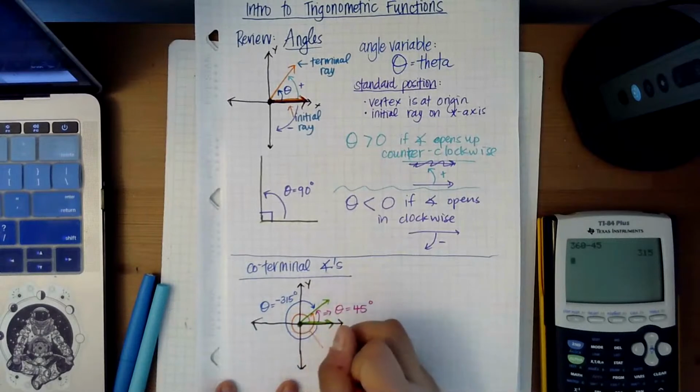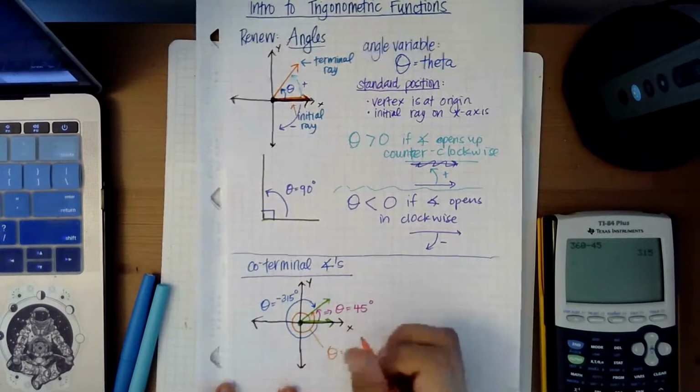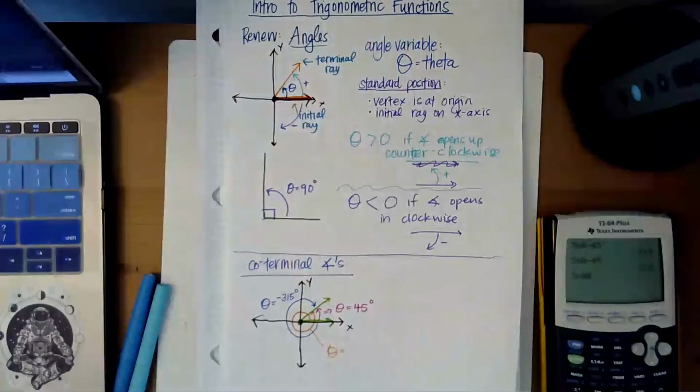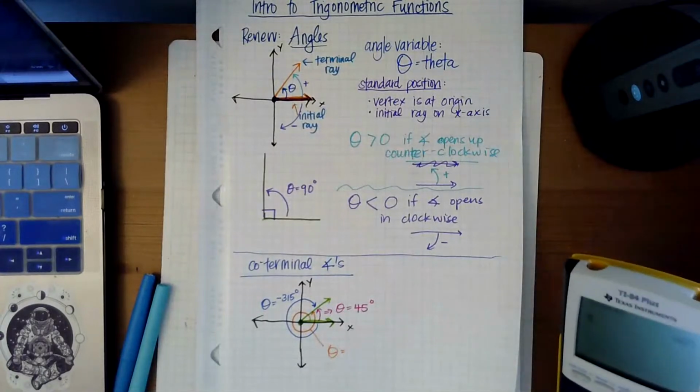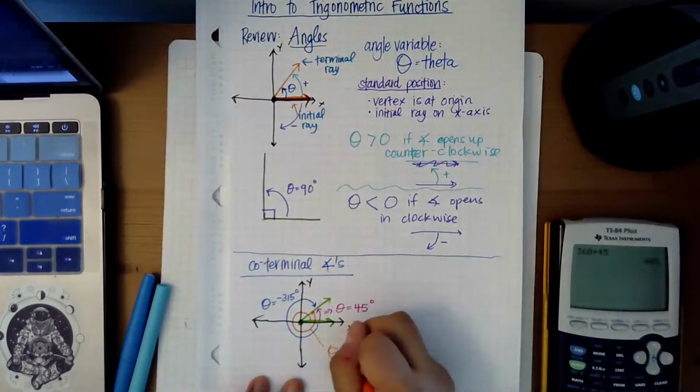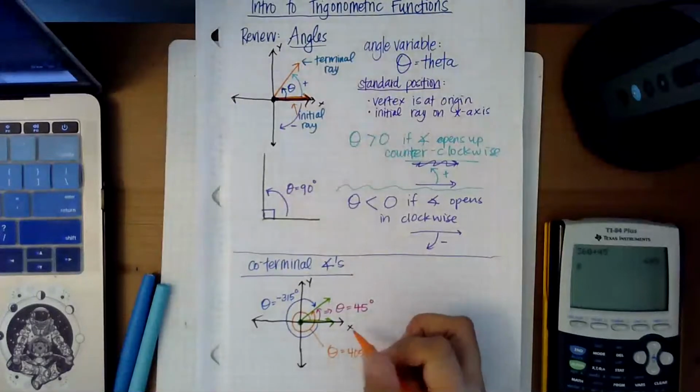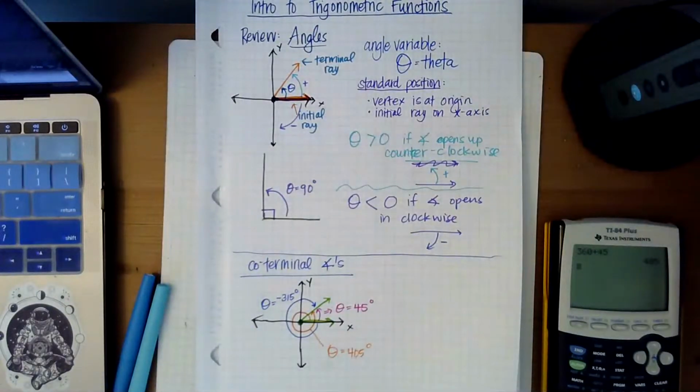And so that theta is going to be 360 degrees plus 45, which gives me 405 degrees. Each one of these angles is a coterminal angle because they all share the same initial and terminating ray. However, it's the analysis of the direction that distinguishes them. So that's another crash course on coterminal angles.